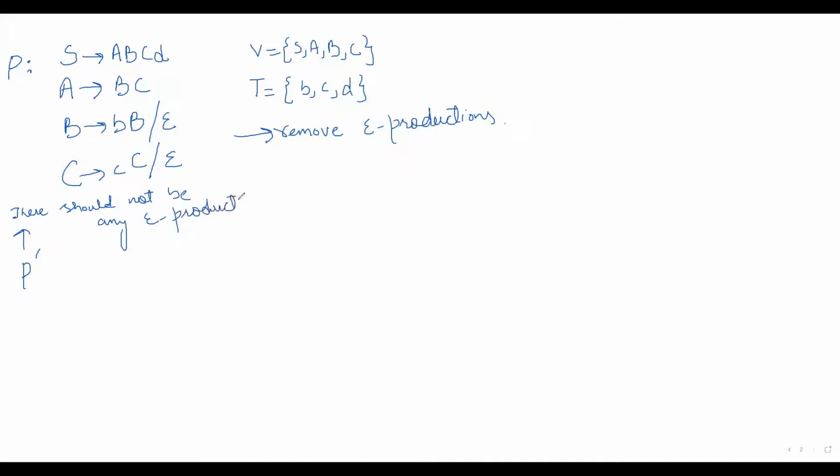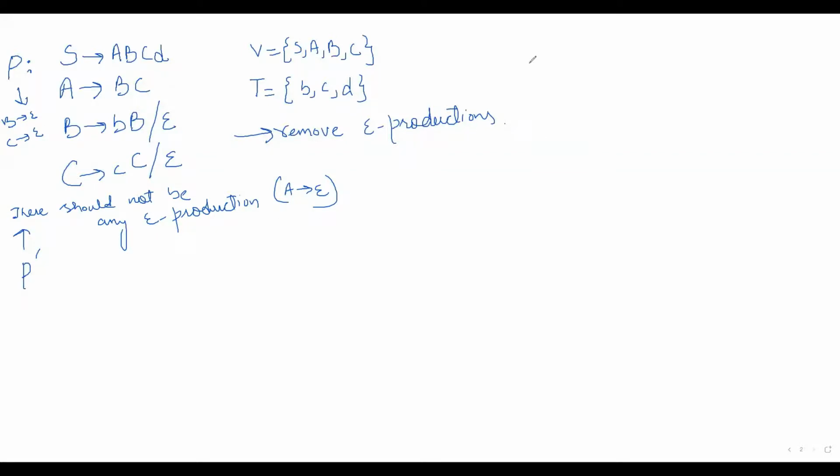Any epsilon production means that there should not be this kind of production. You can see in this grammar, there are two such productions. One is B gives epsilon and another is C gives epsilon. And we have to remove such productions.